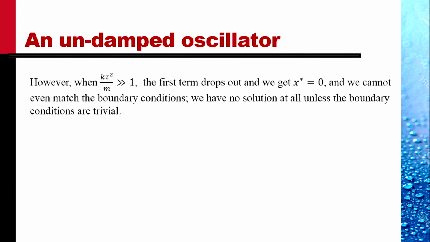However, when k tau square by m is much greater than 1, the first term, the inertia term, drops and the only term that we get left with is x star, and so x star is 0. And now we cannot even match the boundary conditions. We have no solution at all unless the boundary condition is trivial.